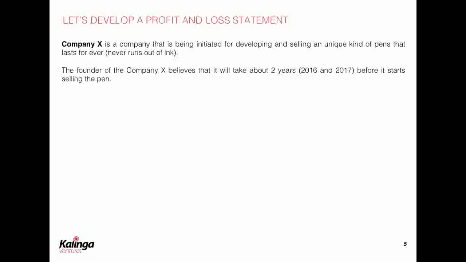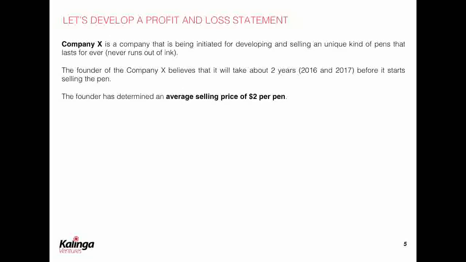And the founder of this company believes that it will take another 2 years, so 2016 and 2017, before they can actually start selling the pen. So there would be no revenue for 2016 and 2017. Also, they have determined that the average selling price for the pen would be about $2 per pen.